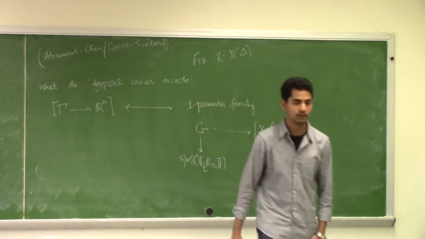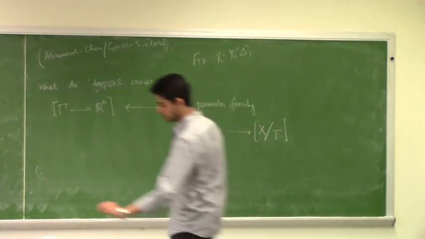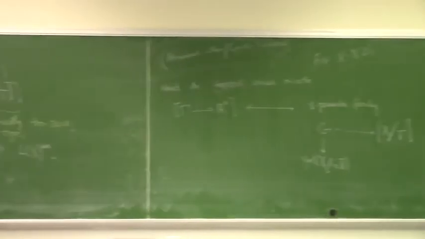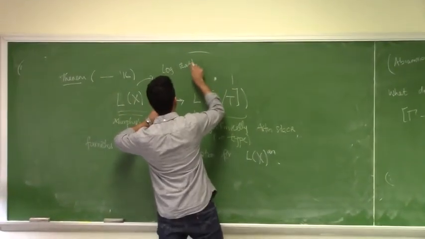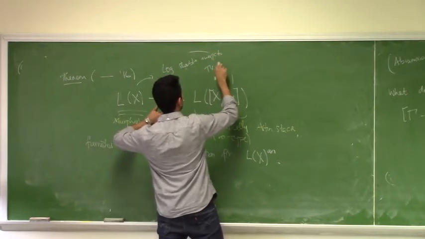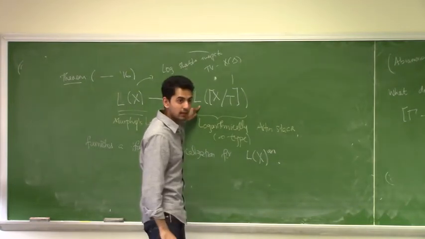Yeah. Say again, the L of x is a moduli space of log stable curves. Logarithmic stable maps. So this is log stable maps to a toric variety x delta. This thing is pre-stable maps. With respect to what boundary?